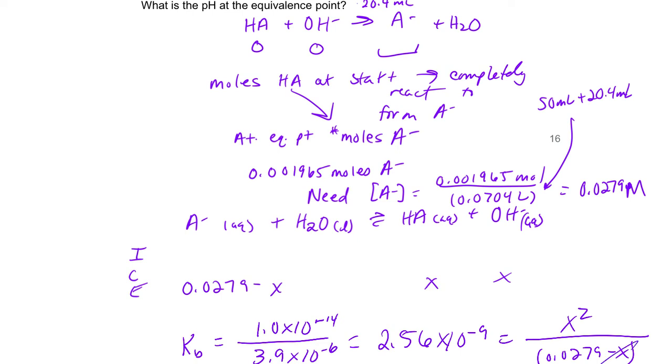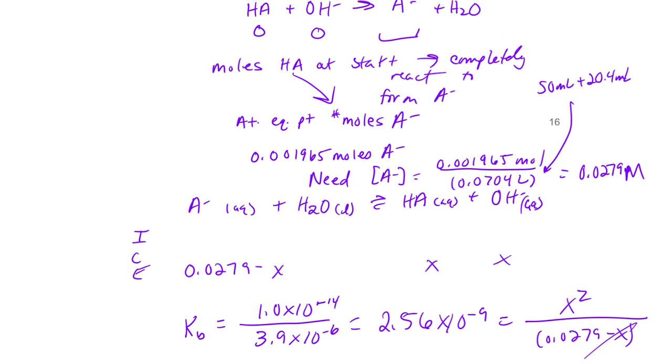So that goes away. Multiply that out. We're going to get x equals 8.46 times 10 to the minus 6, which is equal to the hydroxide concentration.